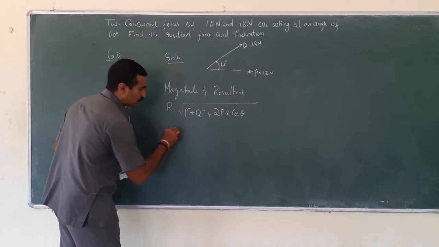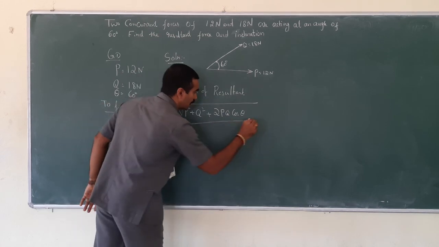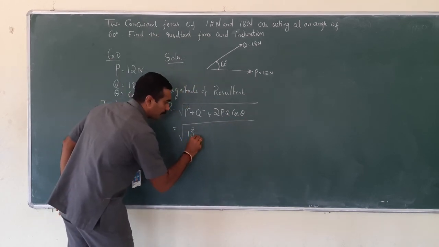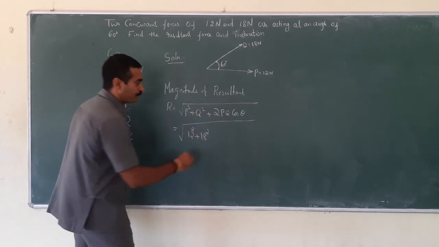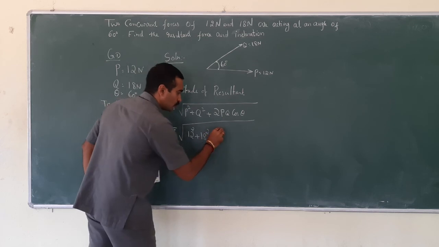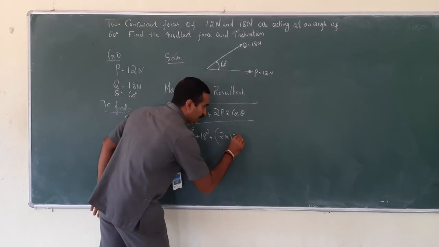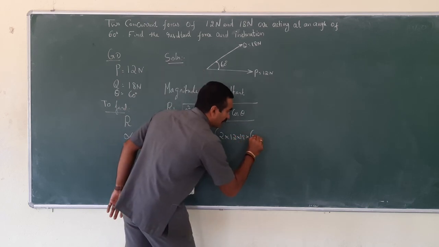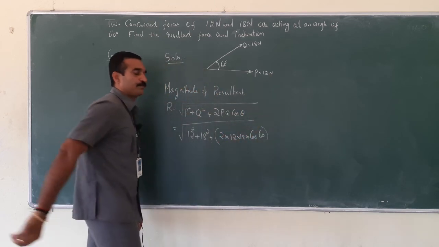So, root of P square, which is 12 square, plus Q value 18, which is 18 square, plus 2 into P value 12, Q value 18, and cos theta. Theta value is 60 degree, close the bracket.